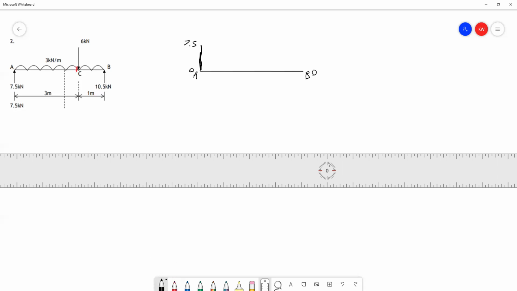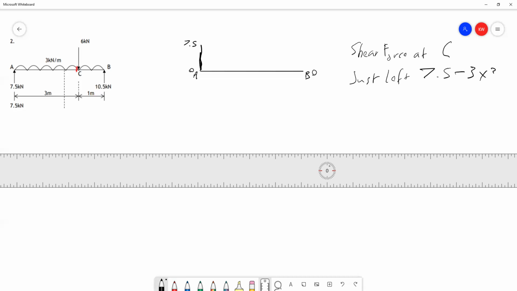So if we call this the shear force at C, just to the left of C, we've got the 7.5 kilonewton force acting upwards, and then we've got a downward force that's equivalent to our UDL, which is 3 kilonewtons per meter, multiplied by the distance between A and C. That's a total of 3 meters.